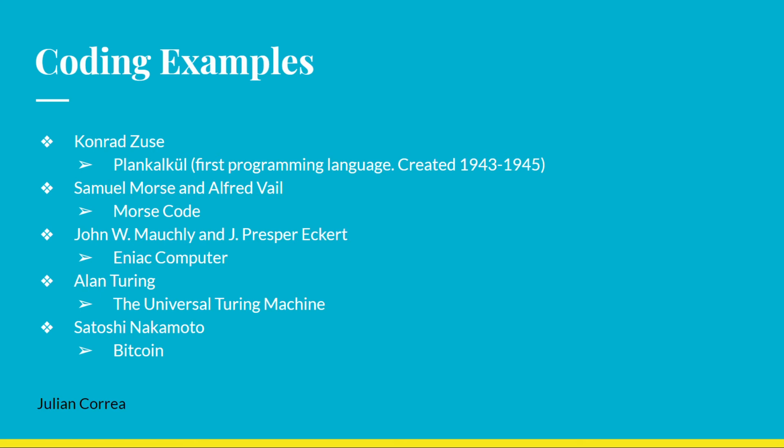Some cool things about Plankalkul that we still use today are loops, so for loops and while loops. We also have conditional expressions and only local variables, not too many other crazy things aside from that. However, it was still very advanced for 1943 when you would think of programming languages.